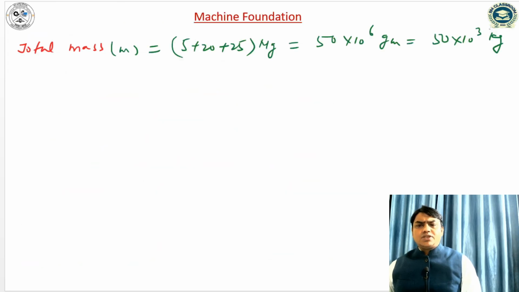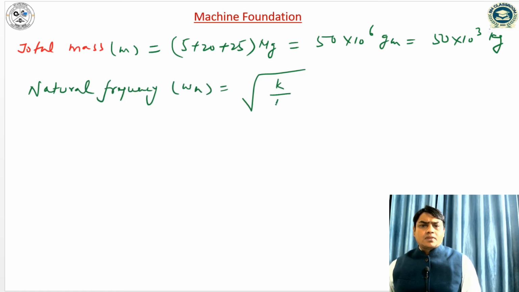So the natural frequency omega n is equal to square root of k by m.